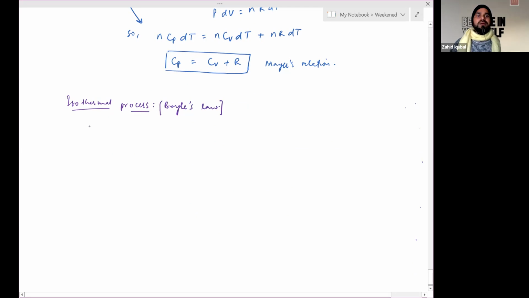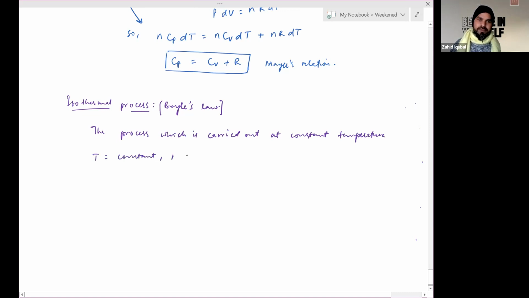It states: the process which is carried out at constant temperature is called an isothermal process. So T is constant, delta T will be 0.